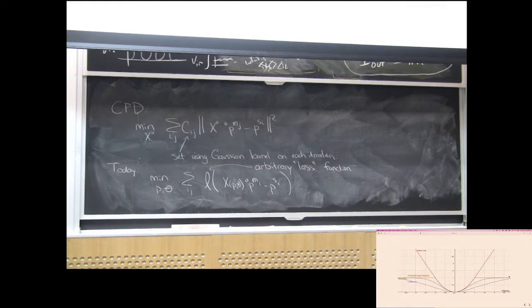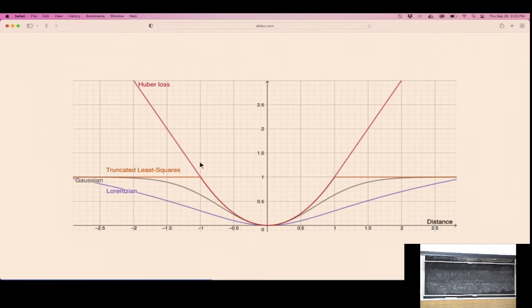and other features. So here are some standard choices. You might hear about Huber loss. Gaussian, you could use the Gaussian kernel. That's roughly what the CPD was doing, right? Which is nice because the idea from the Gaussian was that points that are far away have no effect on your optimization. It's a little subtle.